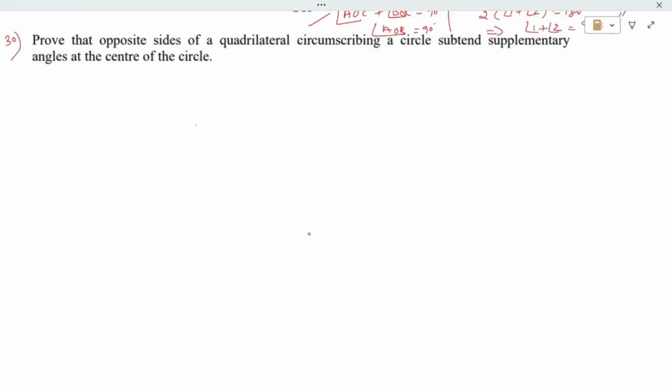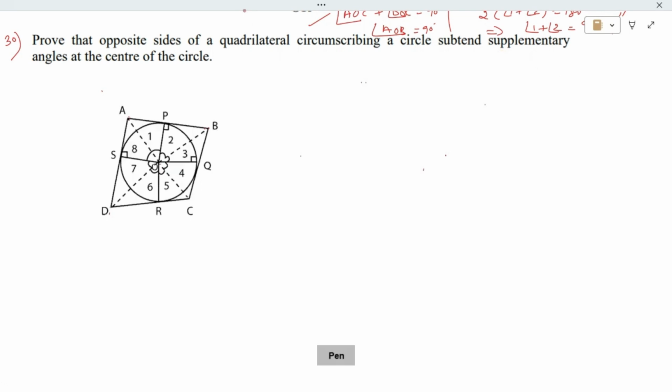Let's come to the second question of question number 30, which is an internal choice. Prove that the opposite sides of a quadrilateral circumscribing a circle subtend supplementary angles. Supplementary means the angles made by opposite sides at the center add up to 180 degrees. So let's draw the figure. So see the figure. Here you can see all four sides of a quadrilateral circumscribe a circle.